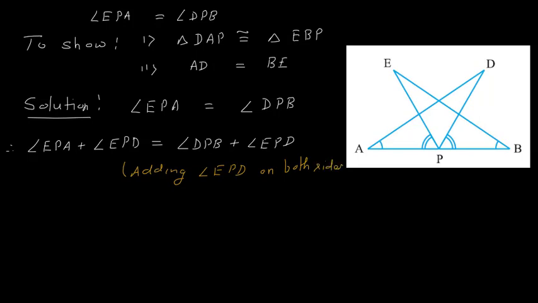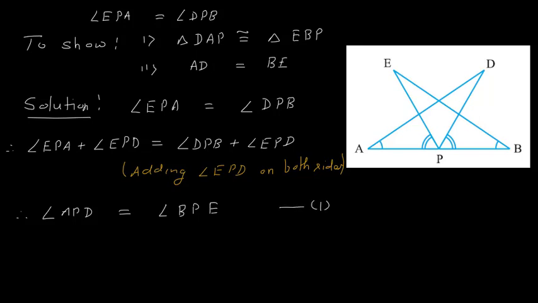Okay, so I have added these two angles on both sides. Therefore I have angle APD is equal to angle BPE, and this I will consider as equation 1.